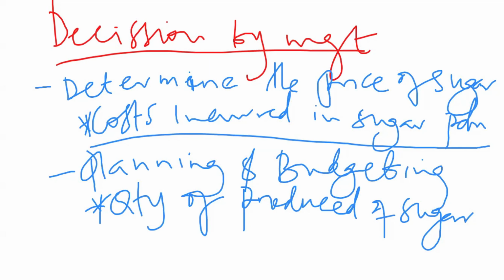So the management would be involved in the planning because they know that the accountant has provided the quantity that we need. Then we can look at what we have and try to benchmark.